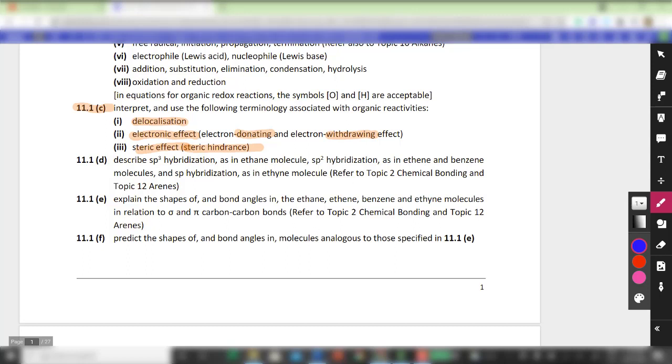But please keep this learning objective 11.1c at the back of your mind when you're learning organic chemistry, because for every topic in organic chemistry, every functional group, inevitably you will be exposed to these three terms, either all at once or maybe two out of the three terms.